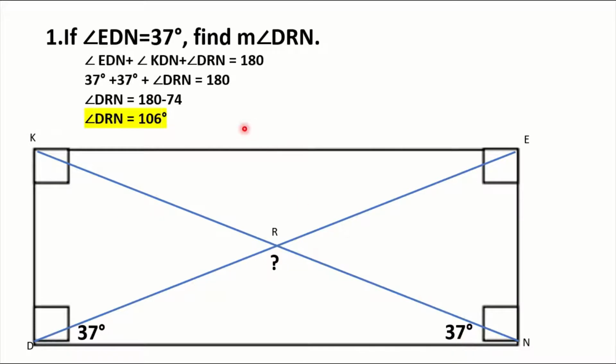So, the solution here is angle EDN plus angle KND plus angle DRN is equal to 180. Bakit siya nag-equal sa 180? Unahin natin yung EDN. Saan yung EDN? EDN. Ayan. So, itong angle na to.